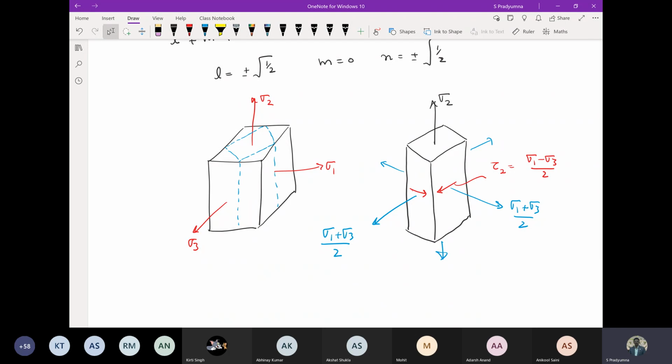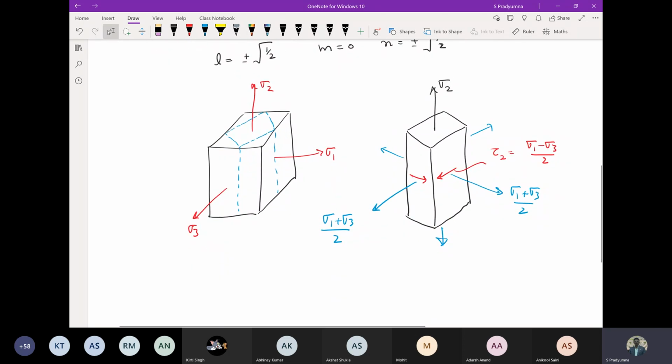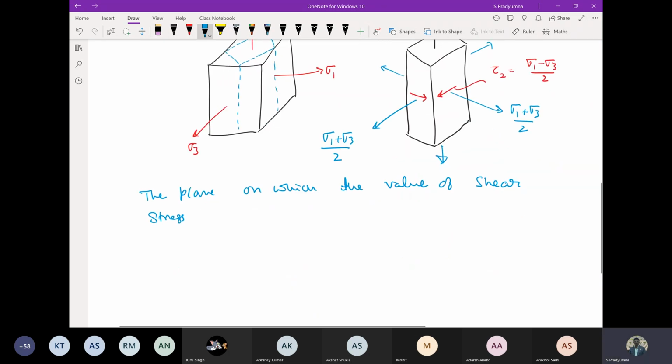Okay, is it clear? I have to write that the plane on which the value of shear stress is maximum, or it can be minimum also, because the minimum value is minus sigma 1 minus sigma 3 by 2, the negative of that tau 2.